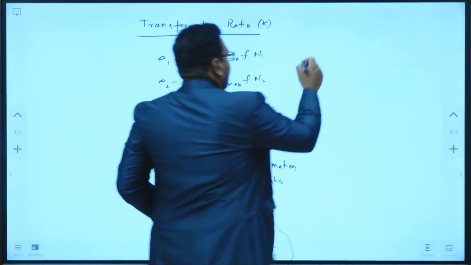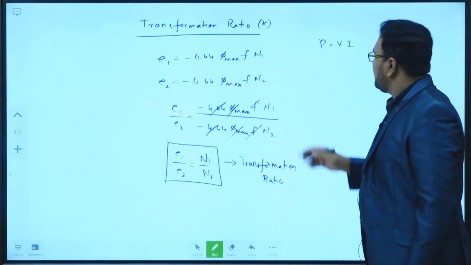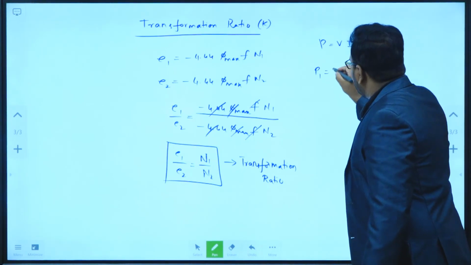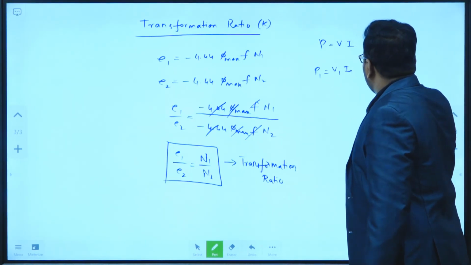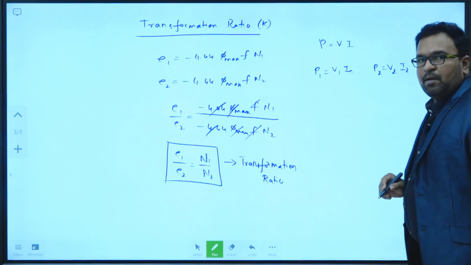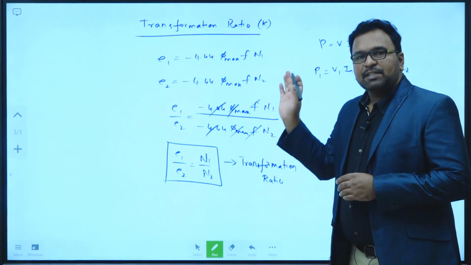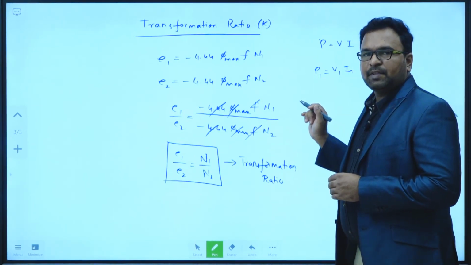Now what is the formula for power? Power is equal to voltage into current. In case of the primary winding, P1 is V1 I1, and in case of the secondary winding, P2 is V2 I2. But what is a transformer? A transformer transfers energy from primary to secondary without change in frequency.